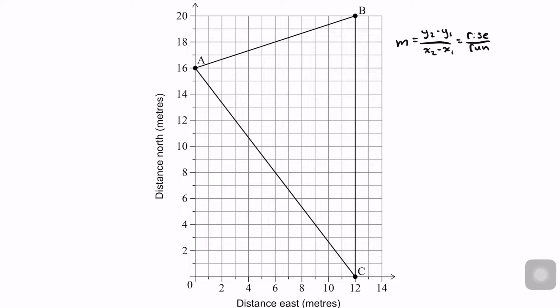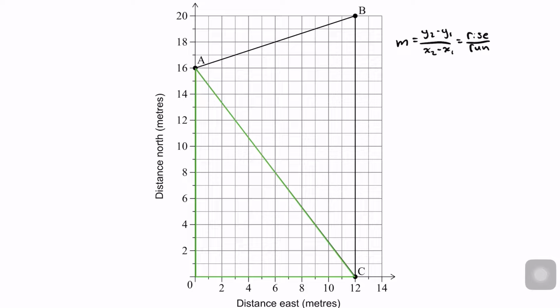To be honest, if we want to find the gradient of AC, a nice way to do it, since we've got this coordinate grid, is actually just to create a triangle. And I'll show you what I mean by that. So here is one part of our triangle. Here's another leg of our triangle, and this is the direction that we head off in. So if a slope is itself just rise over run, what have we done? Essentially, every move to the right leads us to do what?